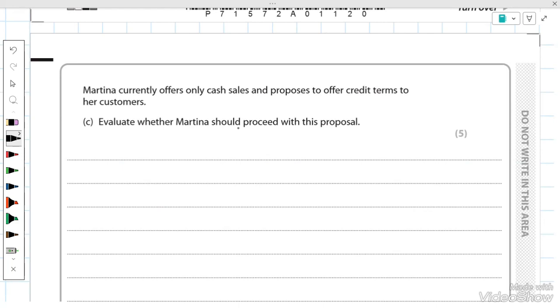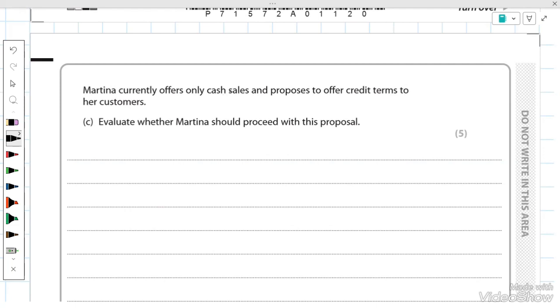Basically this question is for 5 marks, so we have to write advantages and disadvantages of this option, and after that we have to justify the answer and advise Martina what she should do.